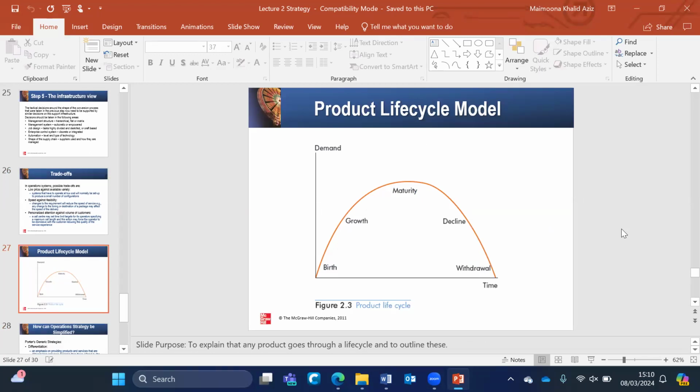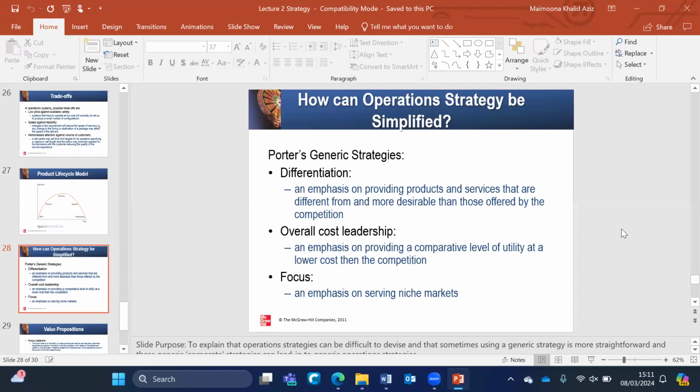That means the demand increases. People start liking the product. At maturity, it hits its peak demand. That means its demand will not go more than this. Its peak demand is hit, and then naturally it comes to a decline. And at the end, there's a withdrawal. That means people have stopped buying this particular product. So that is called a product life cycle.